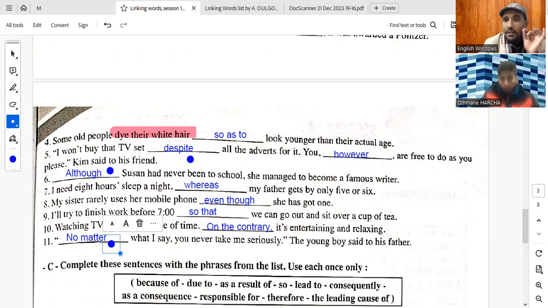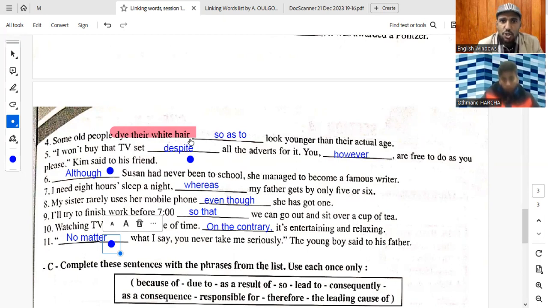Despite means بالرغم. I will buy it, for example, despite the fact that people criticized it, or despite the negatives and the shortcomings of it, right? This is the meaning of despite. I will make it this way better, right? I will buy this phone, or this mobile phone, despite all its shortcomings.